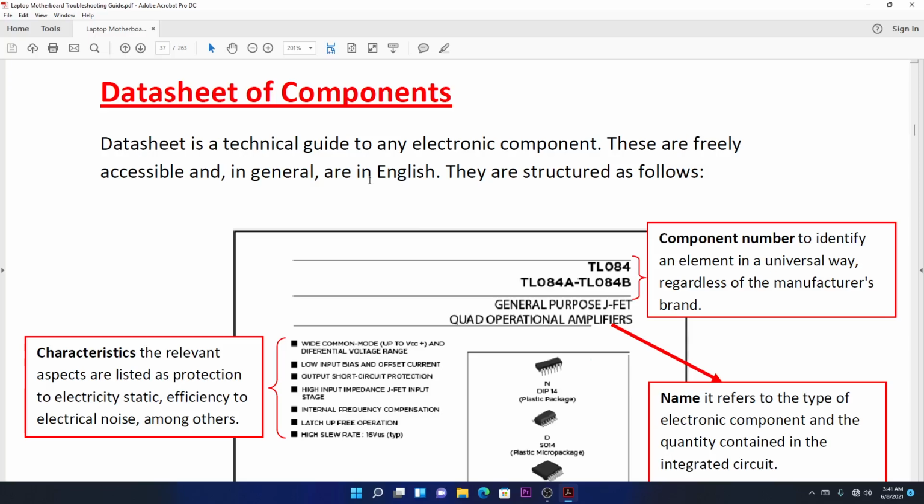Anything that you find on top of the chip, take your phone and search that number or that name, and say at the end, data sheet. They will give you free information regarding that chip. You'll see how the pins are laid out, the name, the function of the chip. You will understand everything, guys.